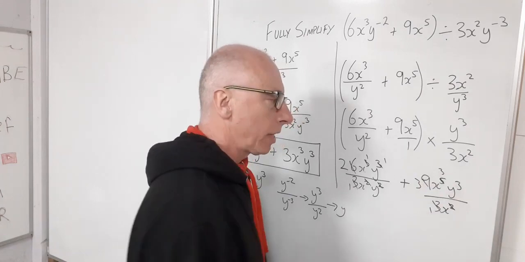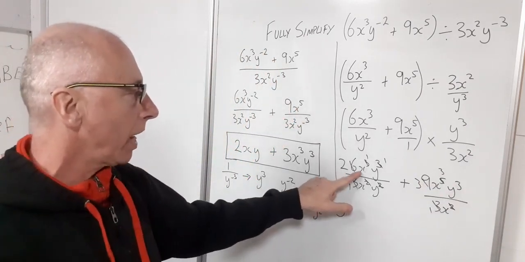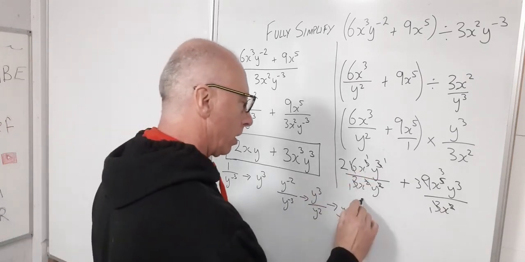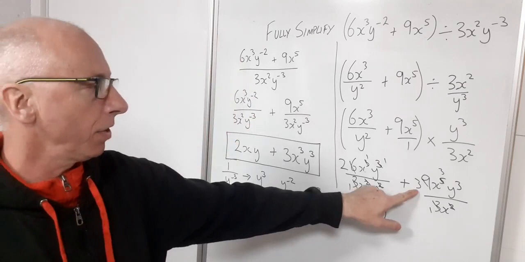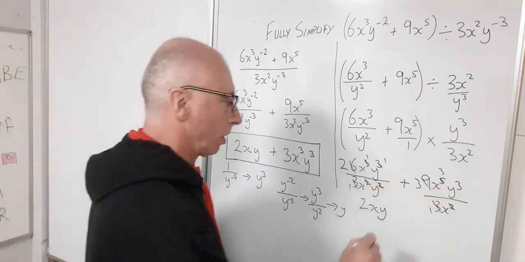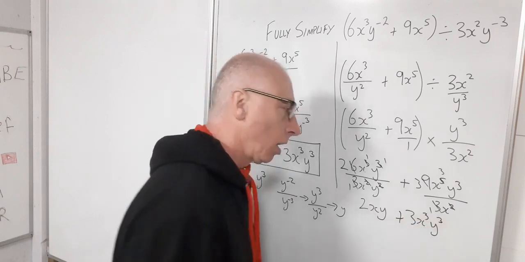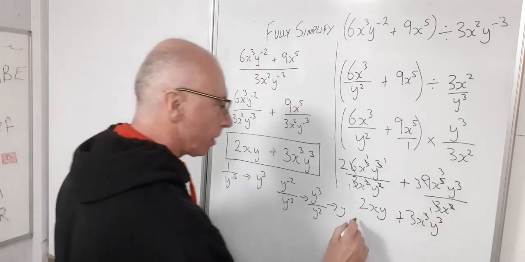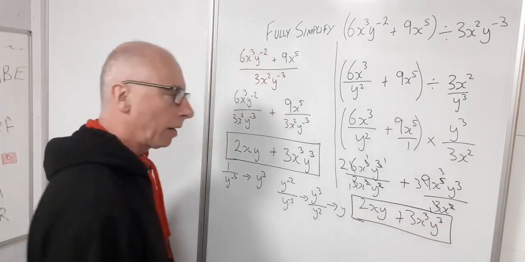And then y cubed will stay. So now I can rewrite that: 2xy, and then here I've got 3x cubed y cubed. Okay, and we've got equivalent answers on both sides. And that'd be a good place to stop.